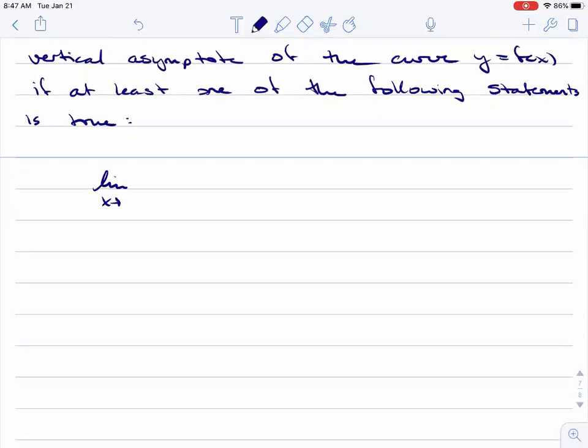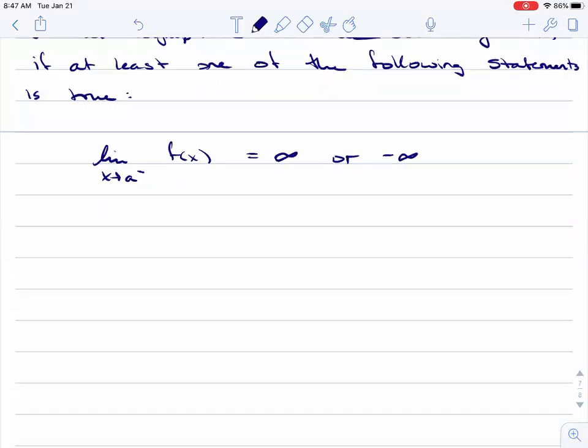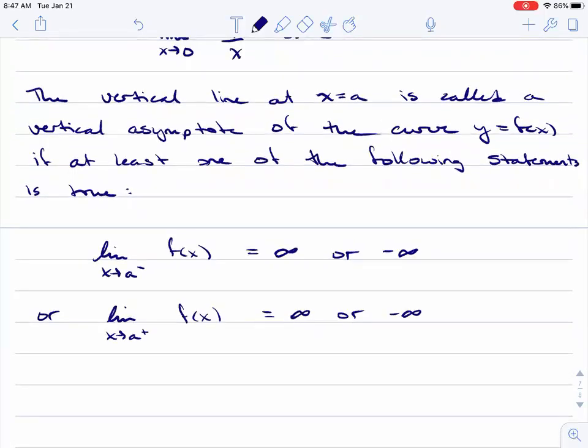If the limit as x approaches a from the left of f of x is equal to infinity or negative infinity, right, to not have to write it out a billion times, or the limit as x approaches a from the right of f of x is infinity or negative infinity, then if either of these are true or both of them are true and they happen to be the same, then the overall limit is that value of infinity, right?